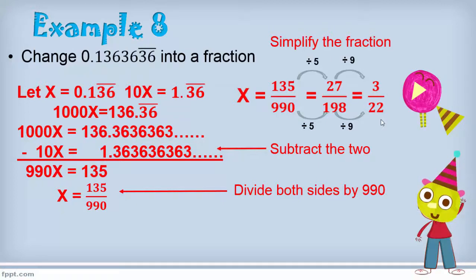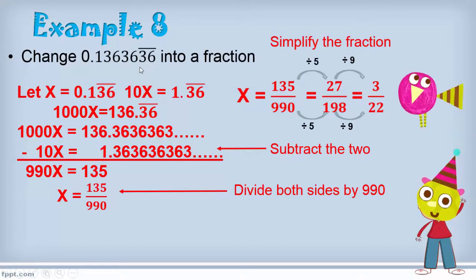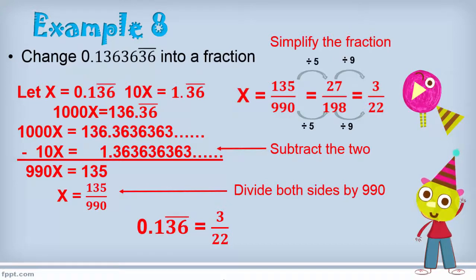And I checked with my calculator, and I saw that indeed I got this decimal back again. So 0.136363636 forever equals 3 over 22.